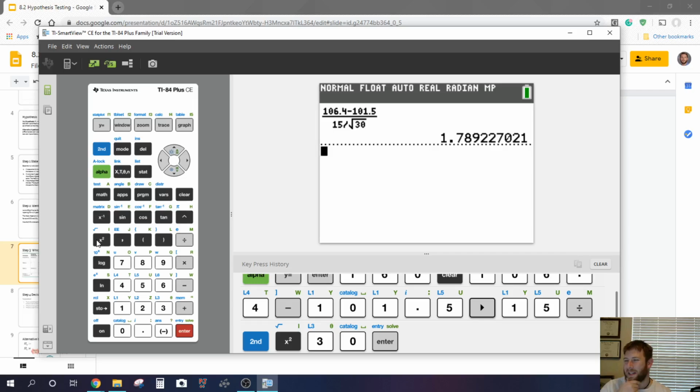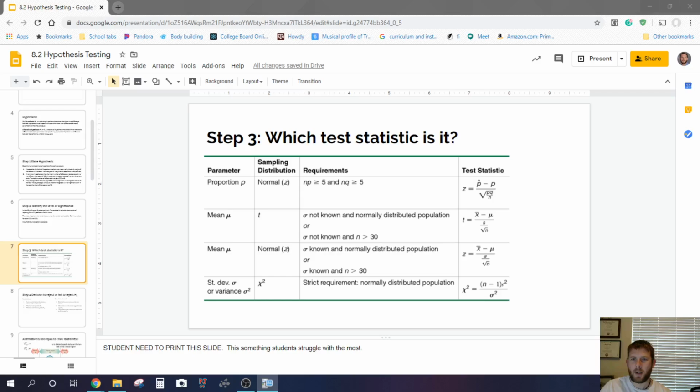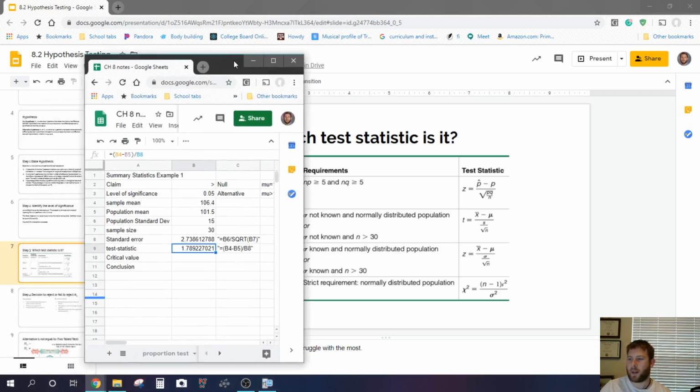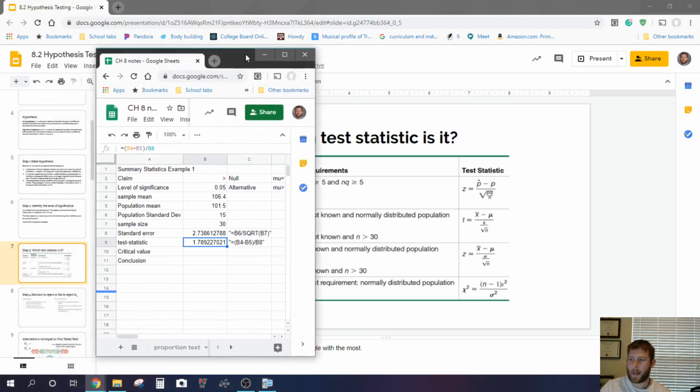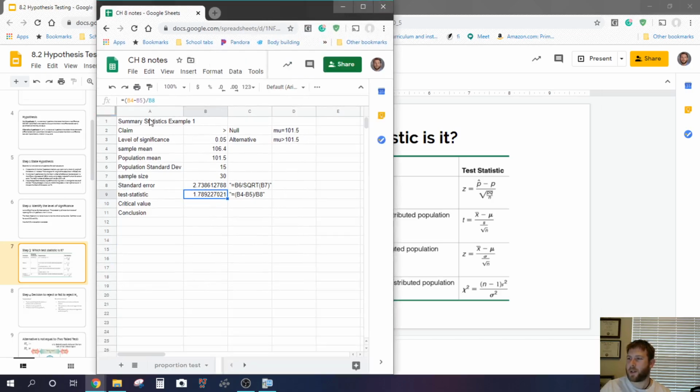And there it is. That's our test statistic. We should be getting the same exact value on both, which we do. For your homework, for those using Google Sheets, you can just use this formula, change the numbers, and it'll automatically change the test statistic for you.